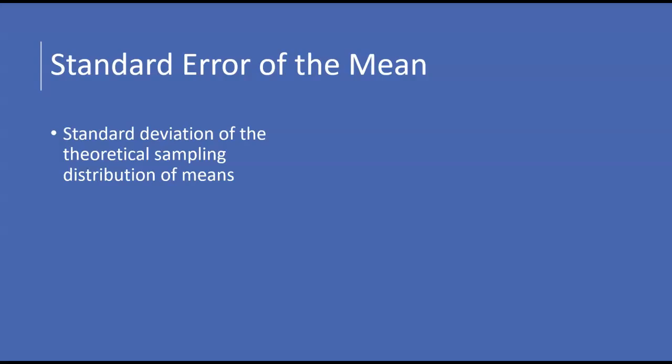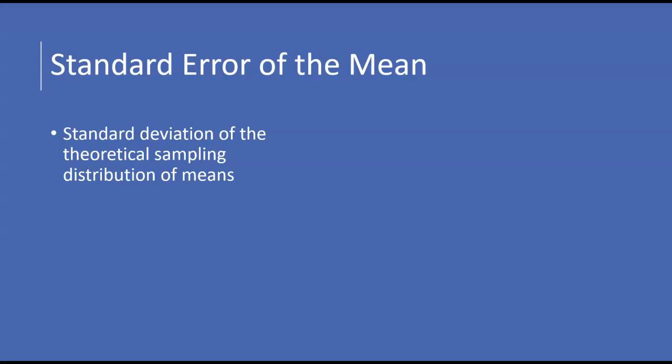And this is a concept that we're just going to kind of throw out here for you. It's a statistic, rather, that's used as a part of data analysis with certain kinds of tests that are run. The standard error of the mean, however it's defined, is the standard deviation of sampling distributions of means.